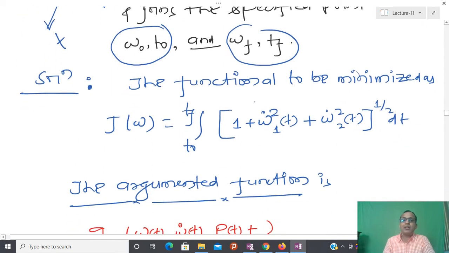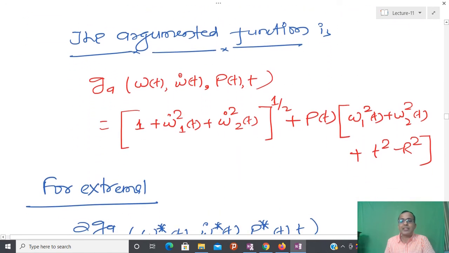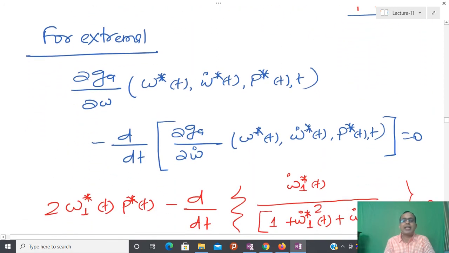Now I have to minimize this particular functional, which I have defined as the integral of the square root of 1 plus omega dot squared plus omega 2 squared, t, and half dt. Now I just have to define the augmented function, and I can define it again like this. After that, in order to find the extremal, I just have to solve the Euler-like equation.